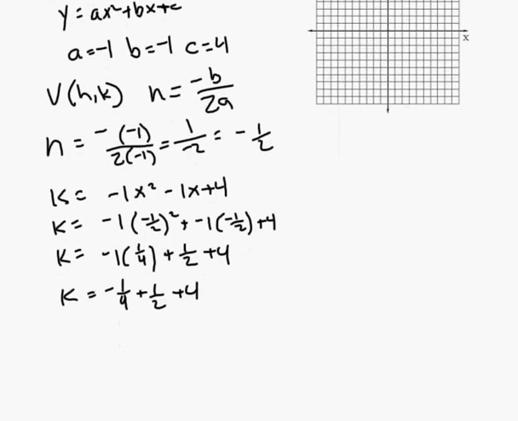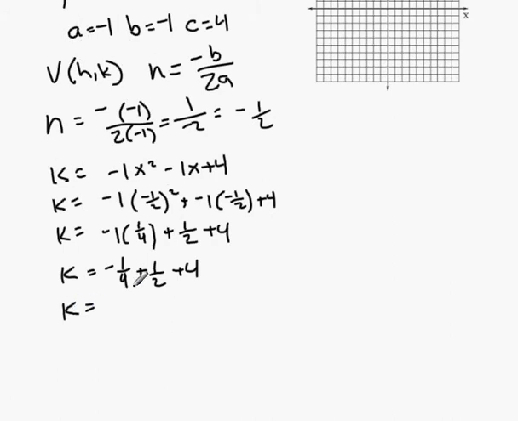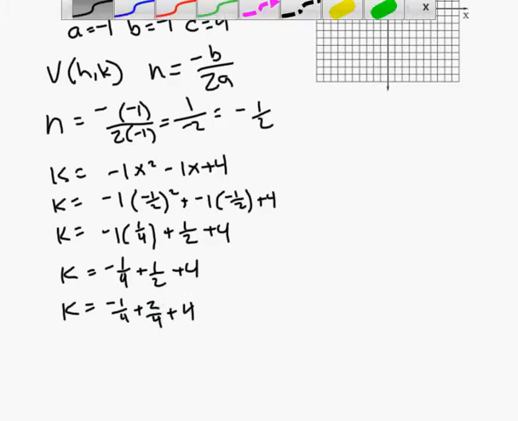which in turn, let's find a common denominator. So I have -1/4. 1/2 turns into 2/4, plus 4. Now simply add these two numbers together.